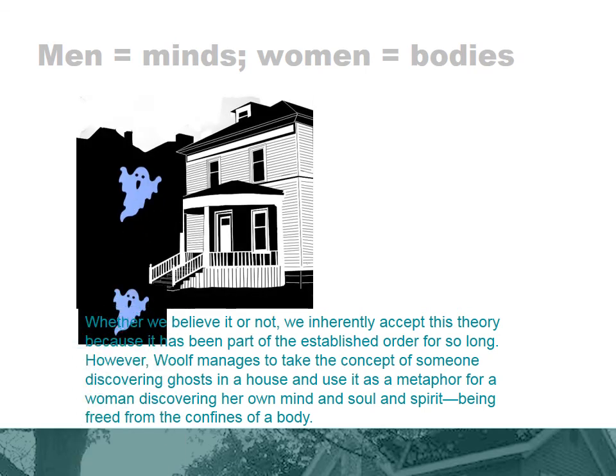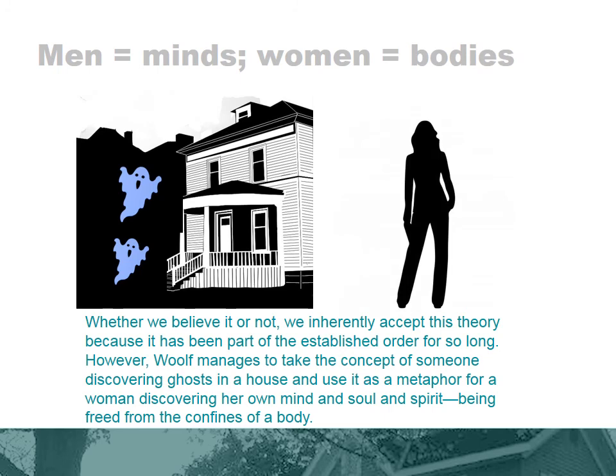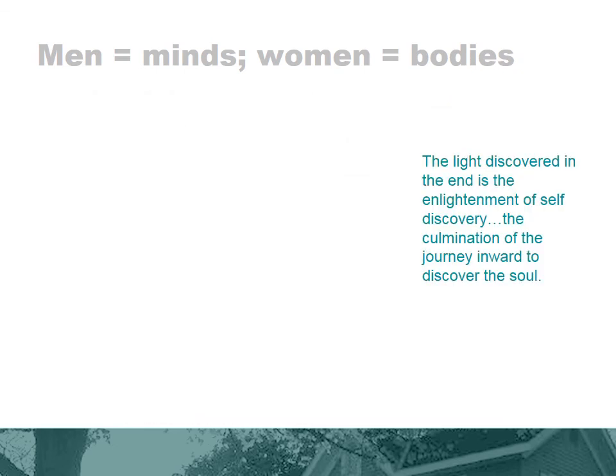It's haunted, which is the spirits, right? The ghosts are not confined by structure, so neither is the woman confined by structure. She can think, she can feel, she has a soul. And so at the end, she discovers the light, and it's the light of her own heart and her own soul.